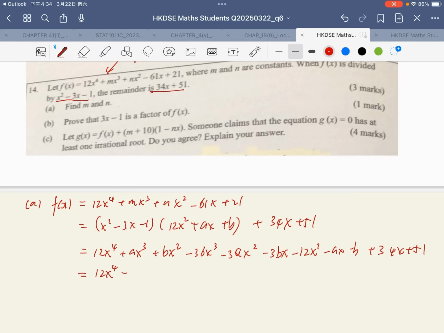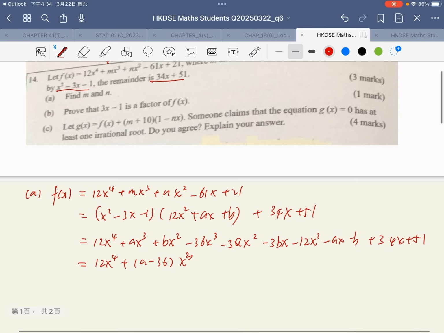We arrange them in descending order. We finally get the coefficient of x cubed is a minus 36, and the coefficient of x squared is b minus 3a minus 12.